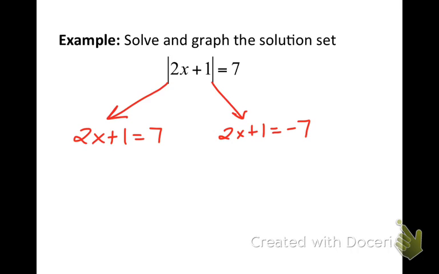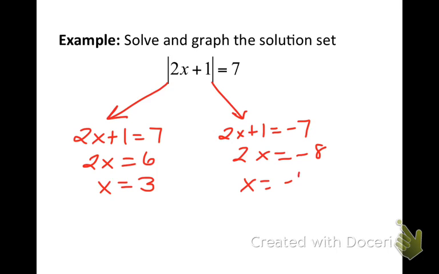Can we solve those equations? Hopefully. Can anybody do it in their head without doing work? Kevin already did it. Subtracting 1 gets us to 6. Dividing gets us 3. On the other side, subtracting 1 gets you negative 8. Dividing gets you negative 4.